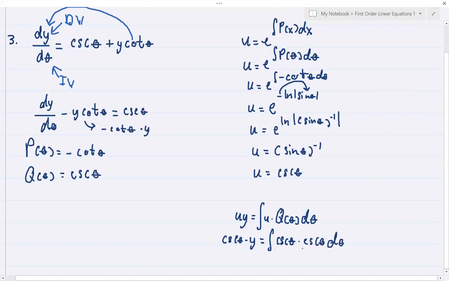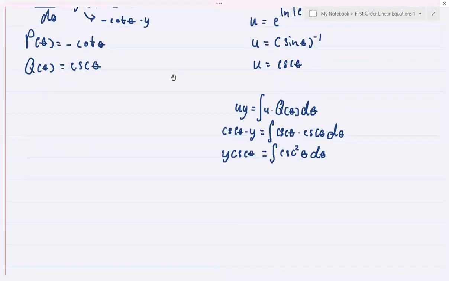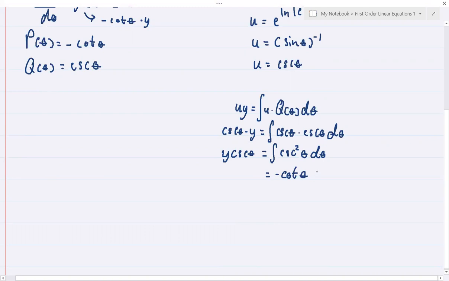If you combine them together, we will have cosecant squared of theta. So what is basically the integral of cosecant squared theta? If you recall, it is negative cotangent theta.